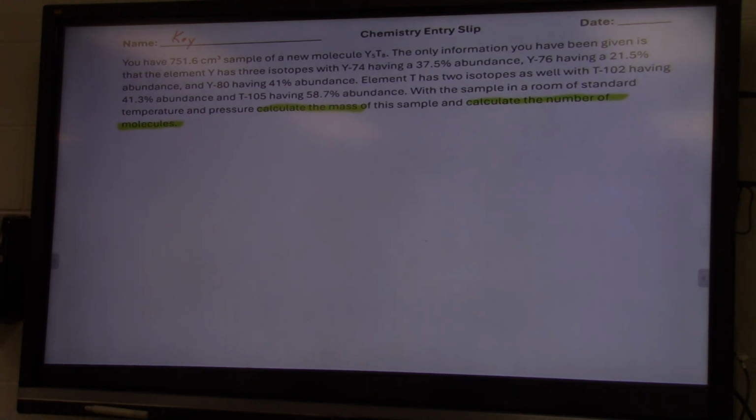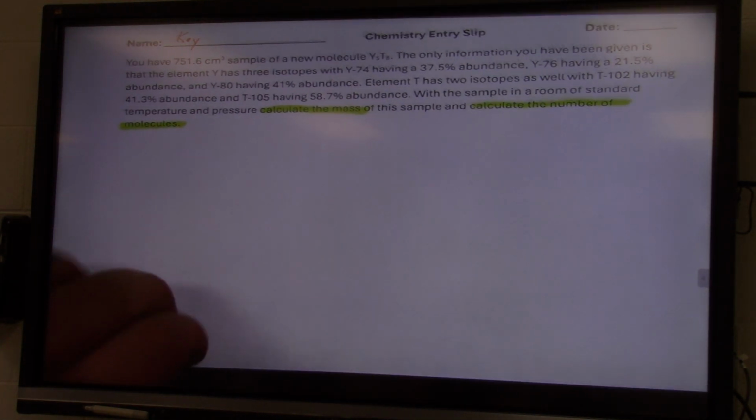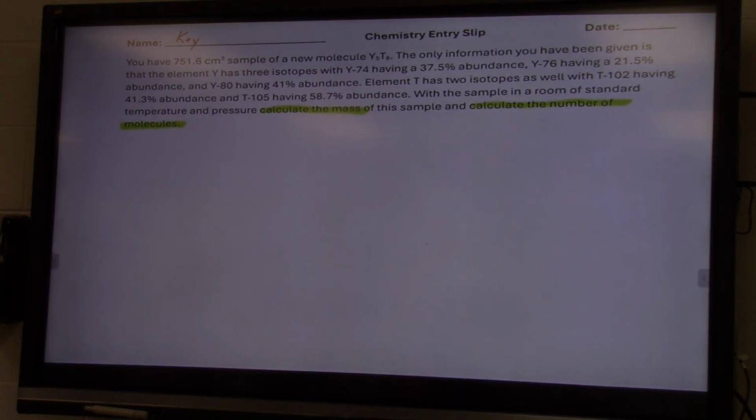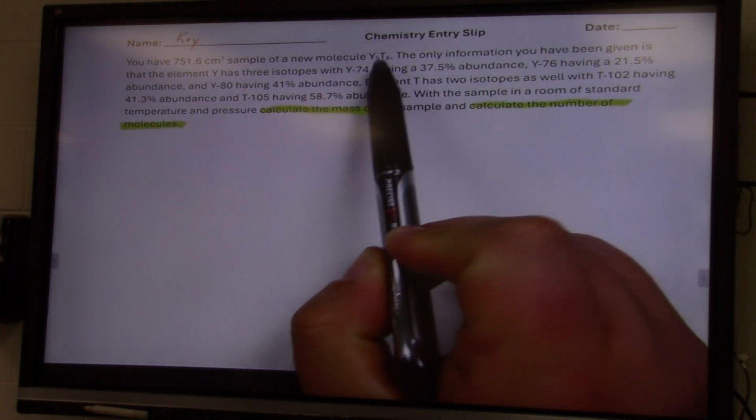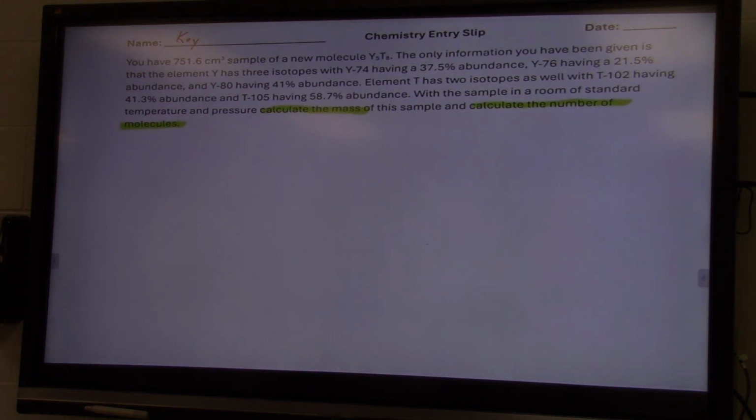The fact that we are being asked to calculate the mass means that I will need the molecular mass of this compound. And I know for a fact that to calculate the molecular mass of the compound, I have to know the average atomic mass of element Y and of element T. But those are not elements off the periodic table, so there's no use pulling out the periodic table to look at the average atomic mass.